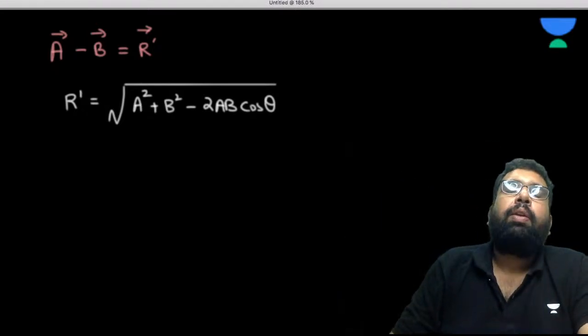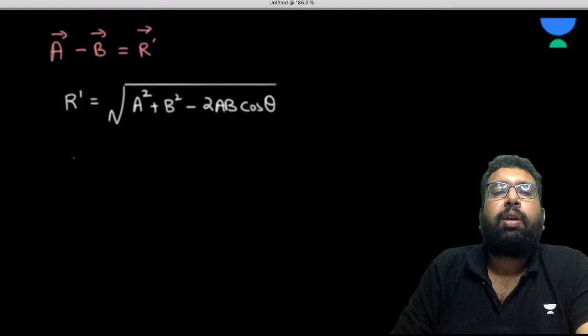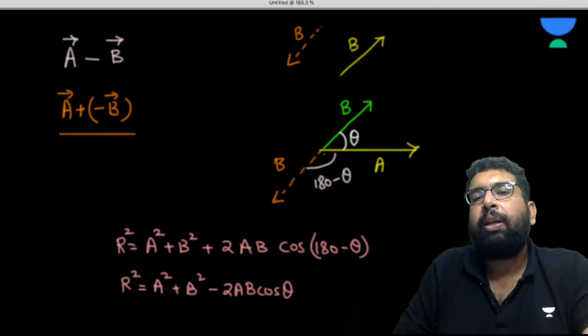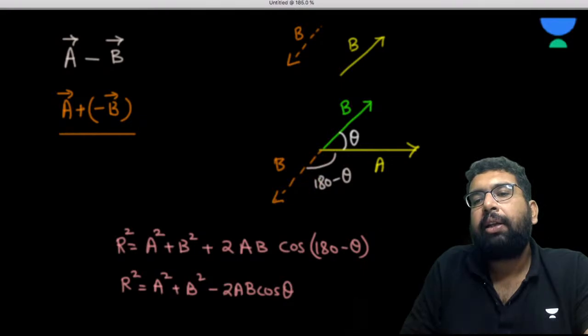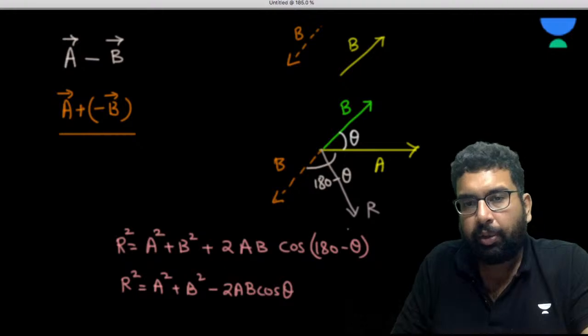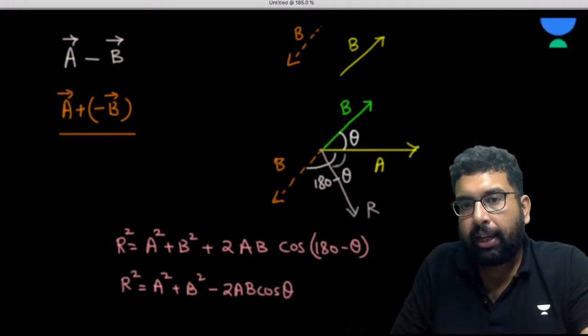Now similarly, please observe. Sir, we wanted one more thing, we wanted alpha also. Where will be the direction of the resultant? This R dash is going to be somewhere here in the middle of A and B, because it is given by the diagonal of the parallelogram. And let's suppose this angle is alpha.